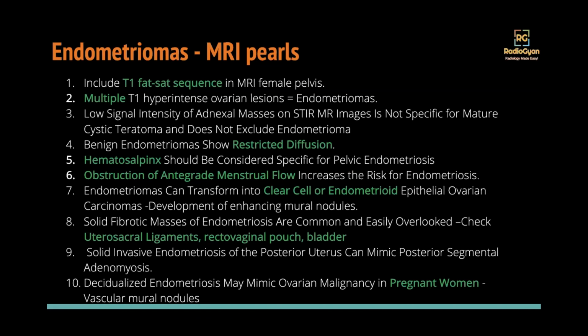And the last point is that in pregnant females, these endometriomas can have all kinds of weird appearances. So just like the endometrium in the uterus, the endometrium in these endometriomas can be stimulated by various pregnancy-related hormones, and that can give rise to different, atypical appearances, which also include enhancement in mural nodules.